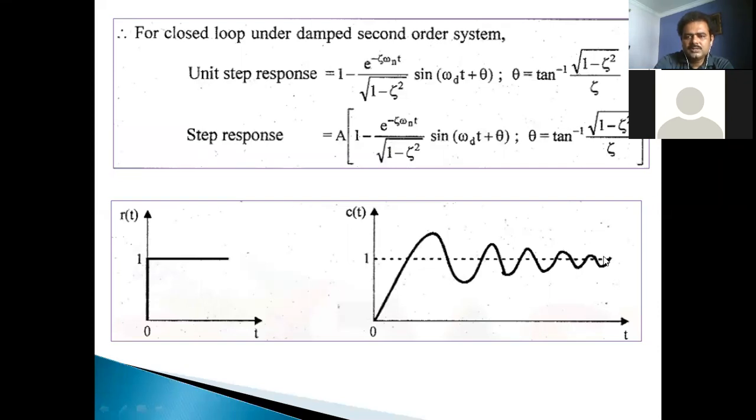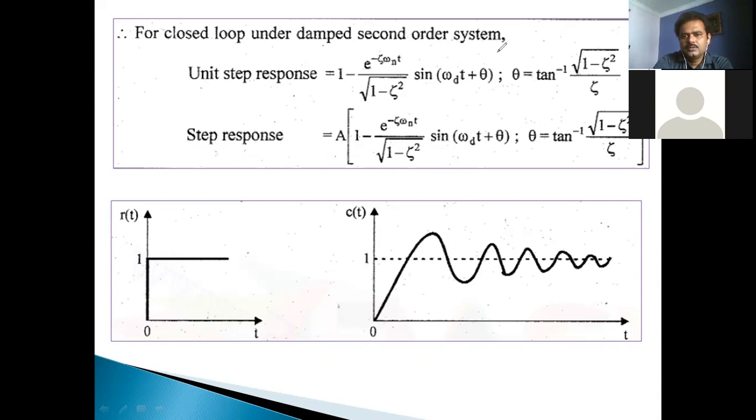After a certain time, it consists of both transient as well as steady state periods. In the transient period, if we observe, it reaches a maximum value, and again it is an oscillatory response, and finally it reaches the final value.